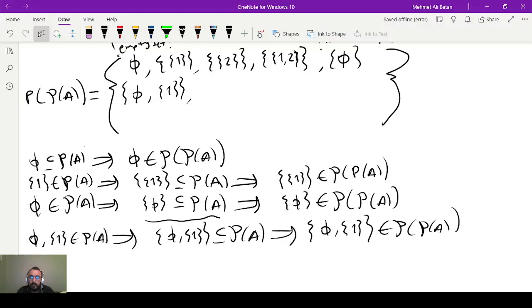And similarly, by using a similar argument, you can conclude that this is also in the power set of A, and also this one.